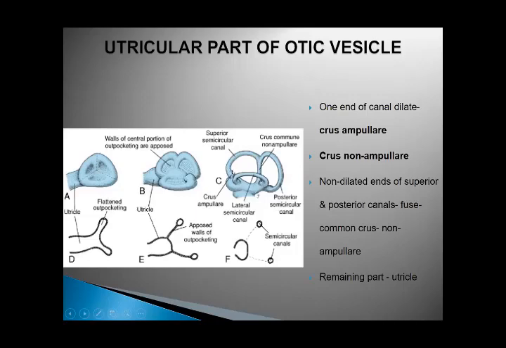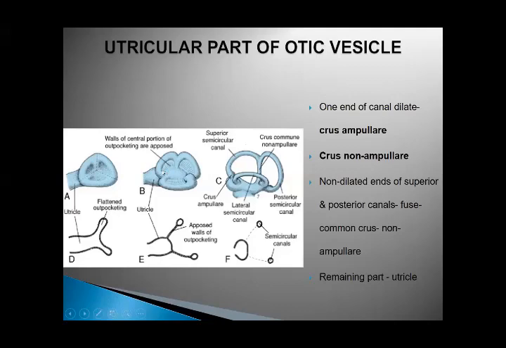Any dilatation is an ampulla. At its entrance into the utricle, every semicircular canal, these two ends of the semicircular canals, at both the ends, the semicircular canal is entering into this structure, the utricle.